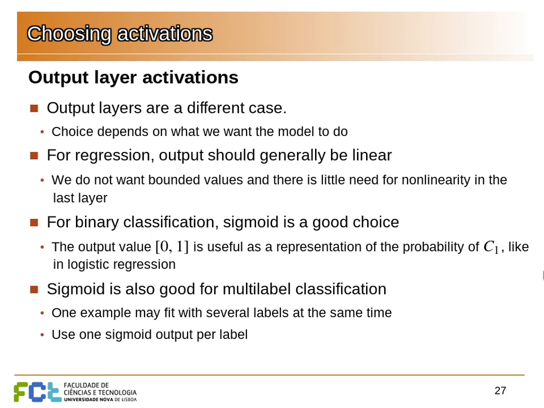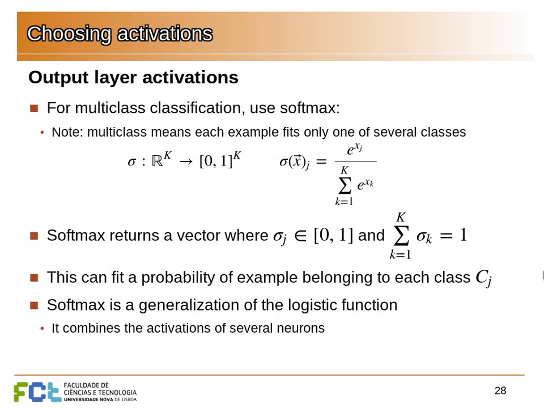For multi-class classification, you can use a softmax output. The idea is that you take the value of n neurons, and you apply this formula here, where for each of those, you take e raised to the value for that neuron, and you divide by the sum of all the e raised to all the neurons.